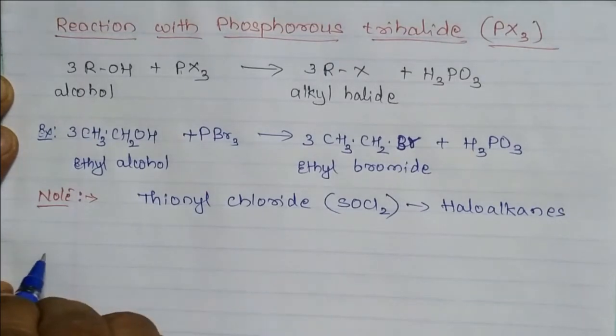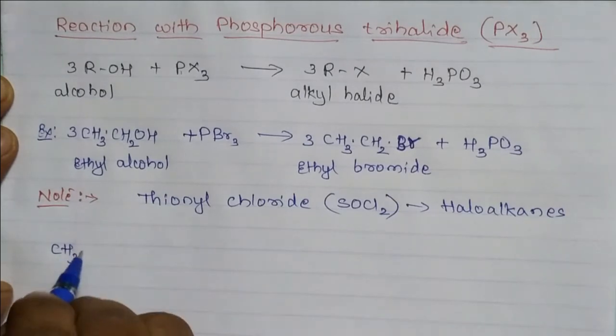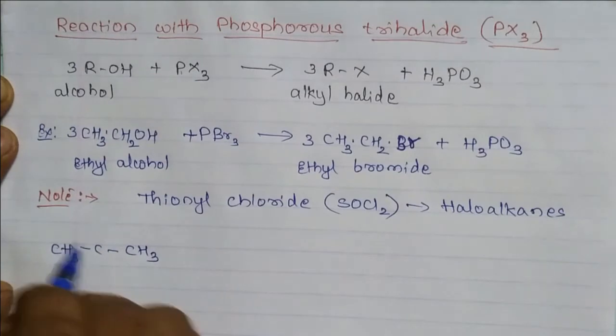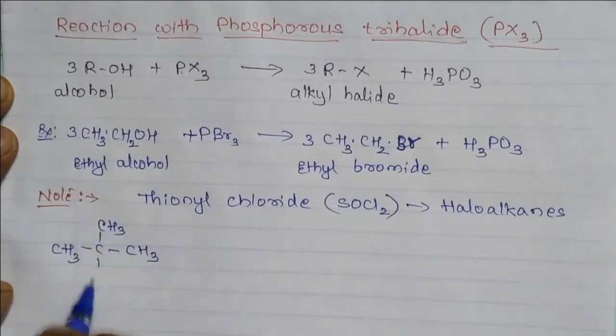For example, (CH3)3COH is tertiary butyl alcohol.